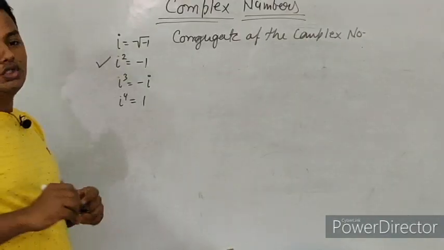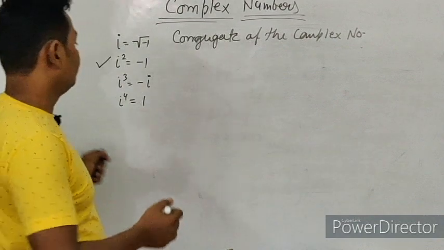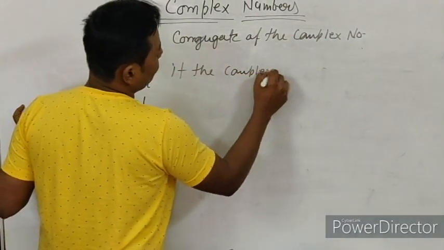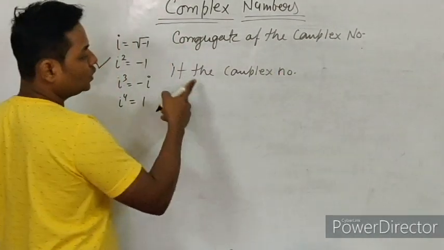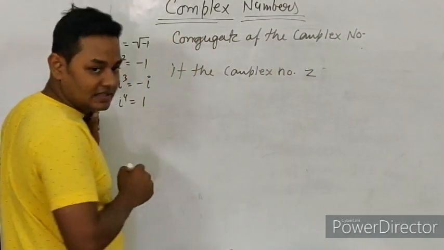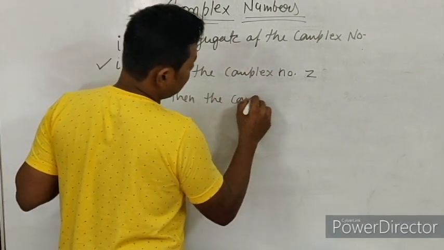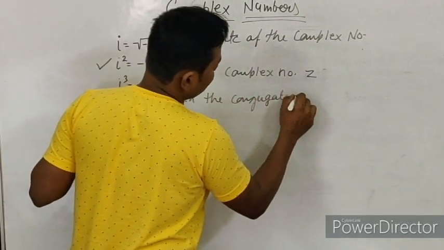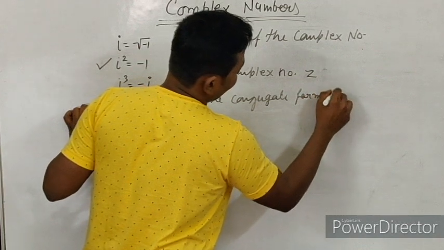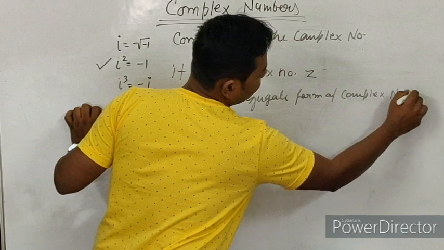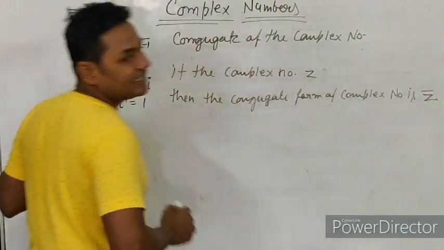If you talk about the conjugate of the complex number, you can write the definition too. If the complex number is z, then the conjugate form of the complex number is z bar.